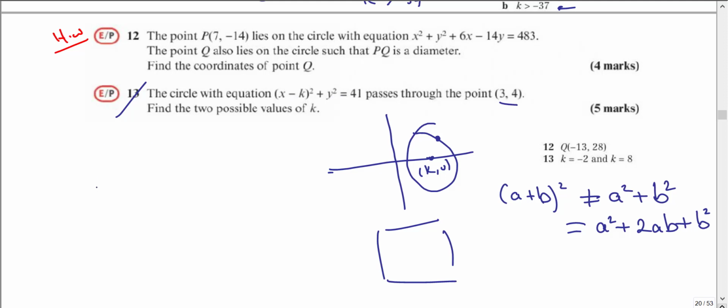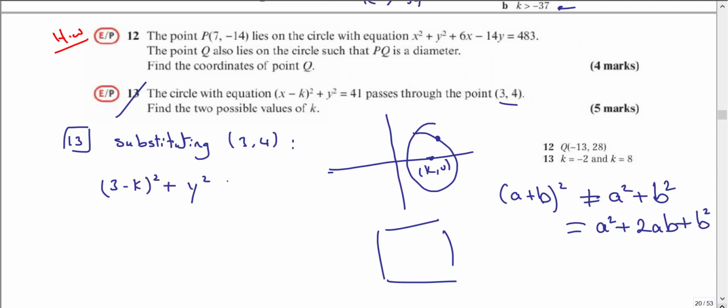Substitute the point. So substituting 3 and 4 in the equation, you will get 3 minus k all squared plus y squared equal 41. Of course y is already 4, so we substitute 4 also.